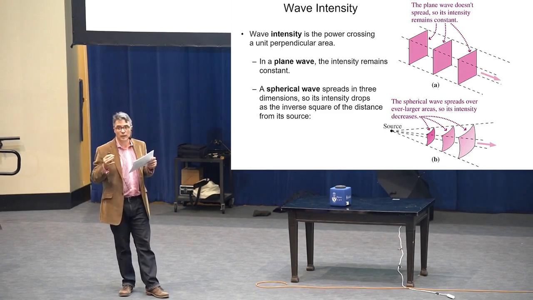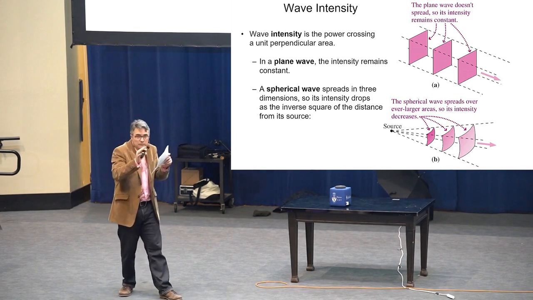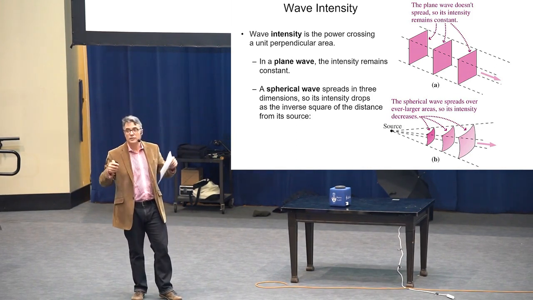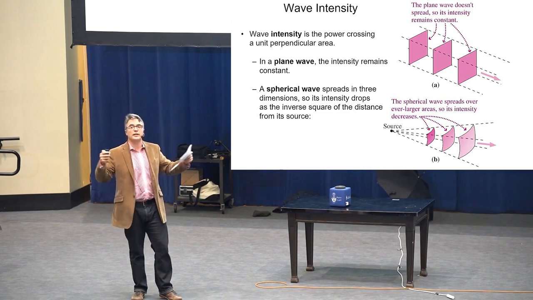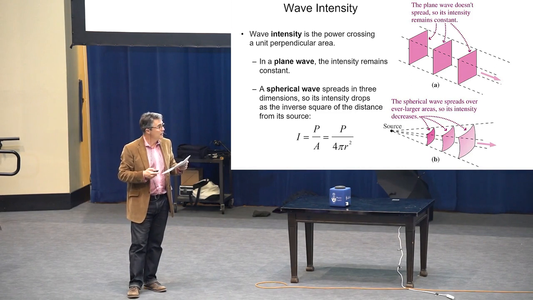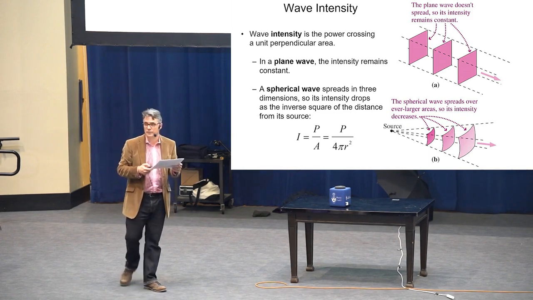But with a spherical wave, as you get farther away from the source, the area gets bigger and bigger. So if the power is constant, then the intensity decreases with distance.